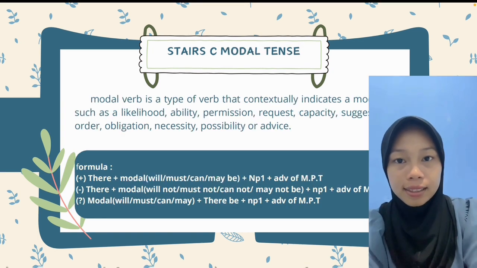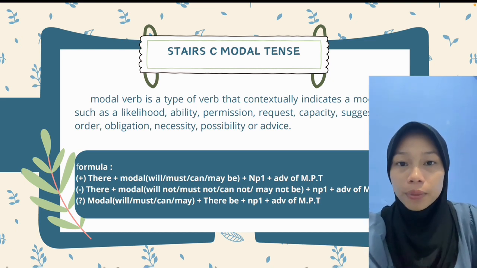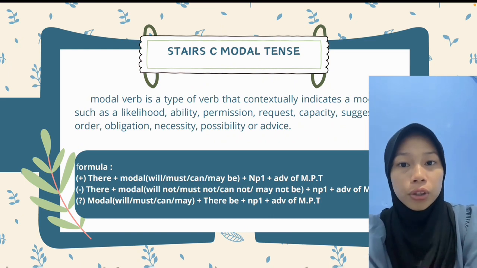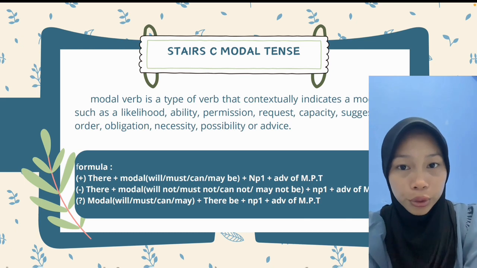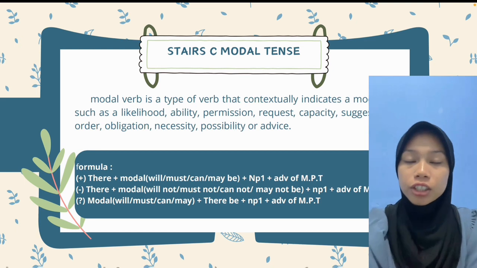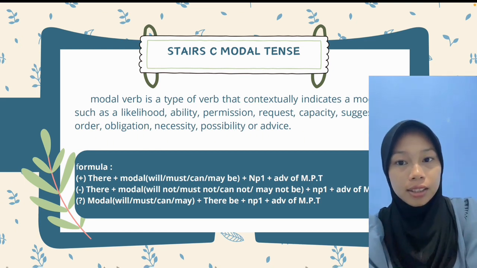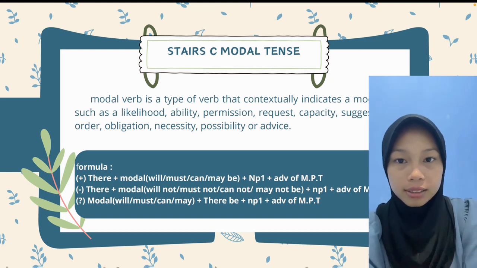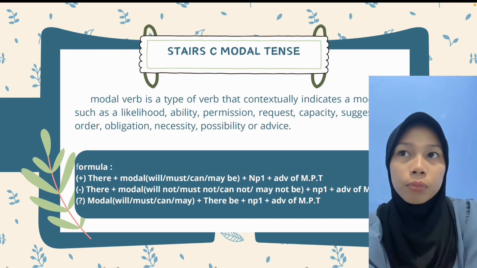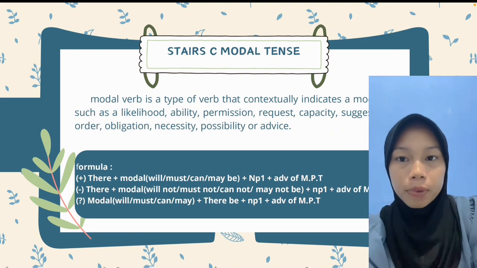The last material is about modal tense. So modal is a type of verb that contextually indicates a modality such as likelihood, ability, permission, request, capacity, suggestion, order, obligation, necessity, possibility, or advice. So modal tense also has a formula.